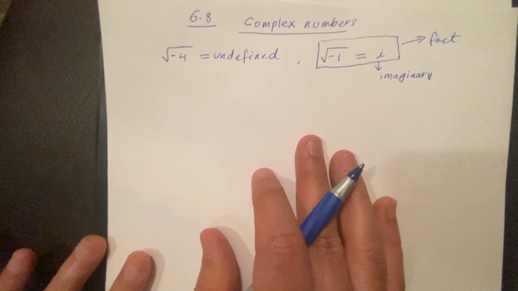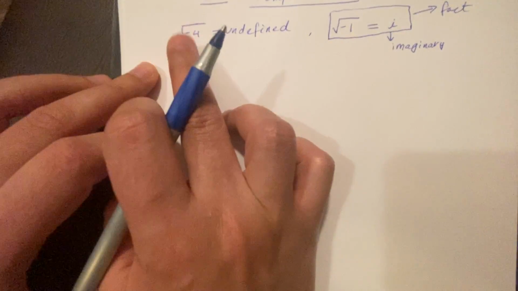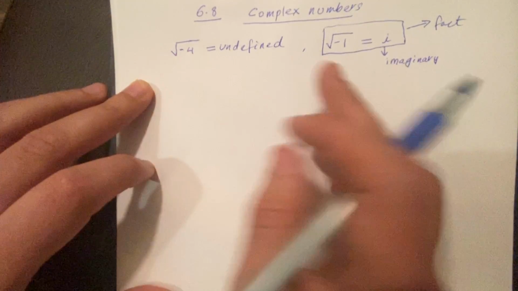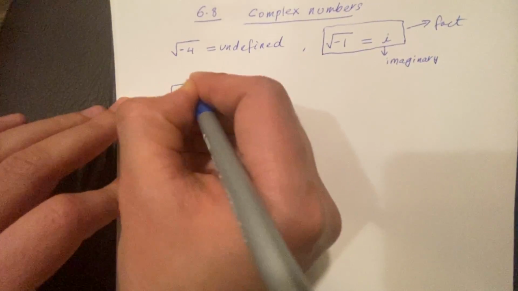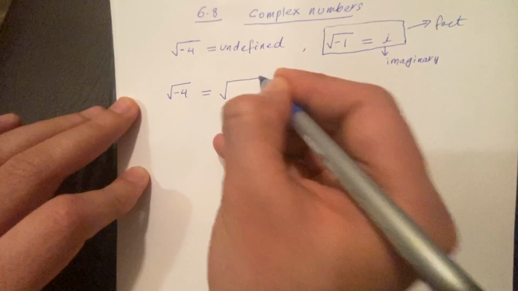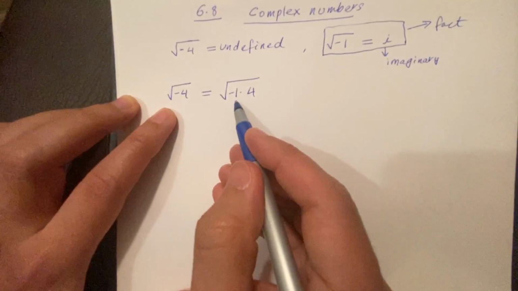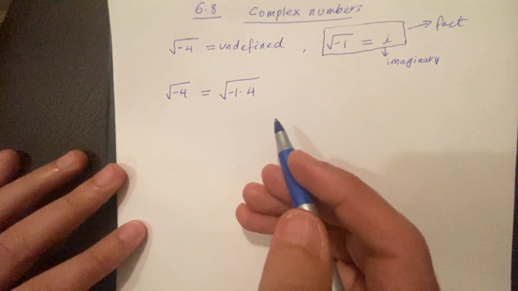All right, so if you know this, then now we can find the value of the square root of negative 4. So the square root of negative 4, we can also write as negative 1 times 4, right? Because negative 1 times 4 is still negative 4.